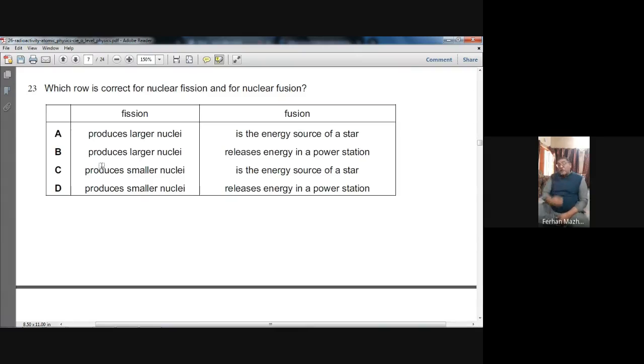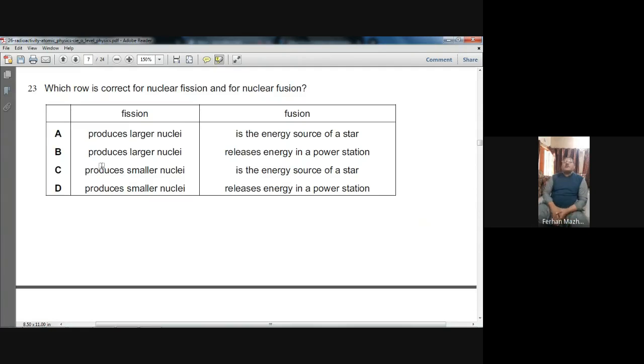Question number 23. Which row is correct for nuclear fission and for nuclear fusion? In nuclear fission, we break the nucleus. A larger nucleus is broken down into two smaller nuclei. In fusion, smaller nuclei fuse together and make a larger nucleus.